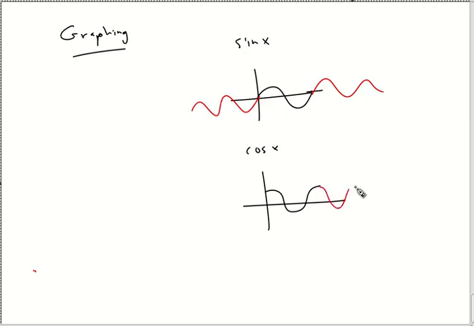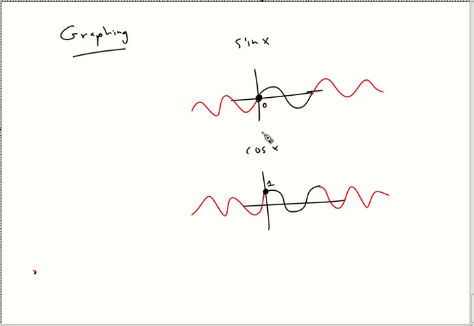These are very similar. The only difference is where they start. Sine starts at 0, 0, but cosine starts up high, typically at 1.